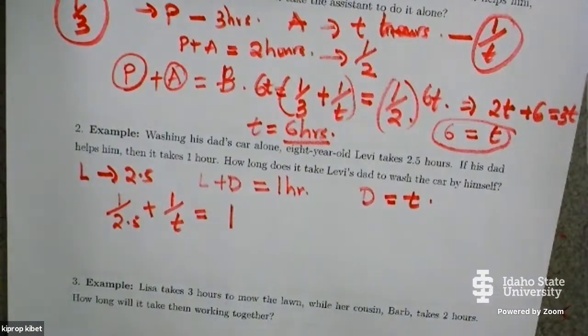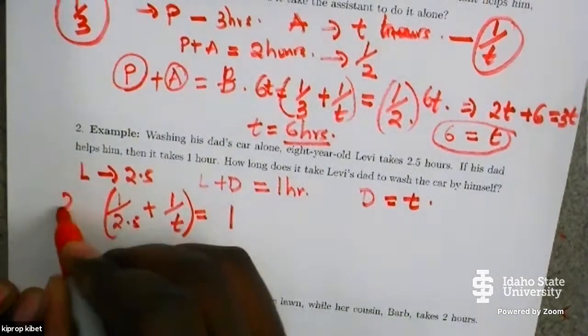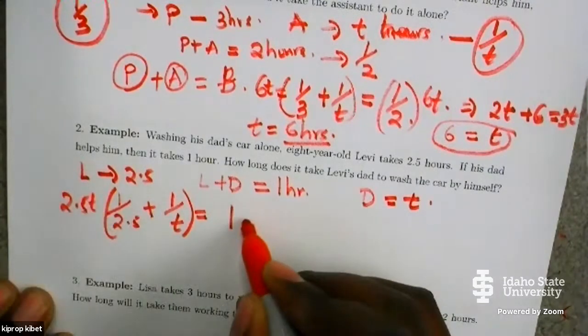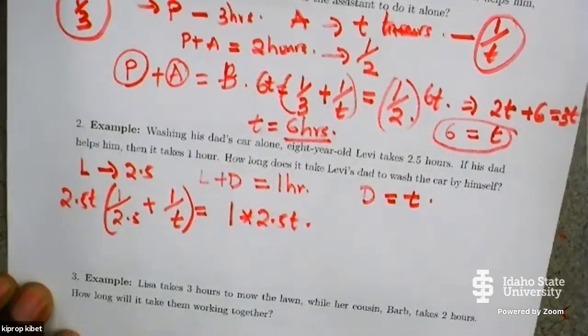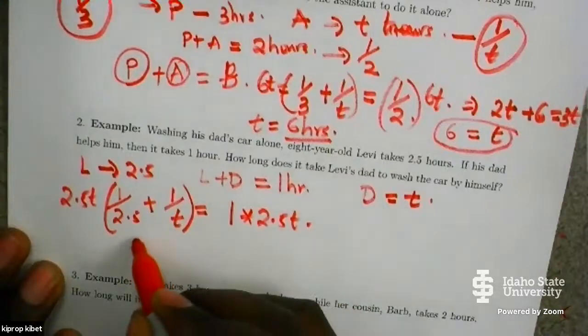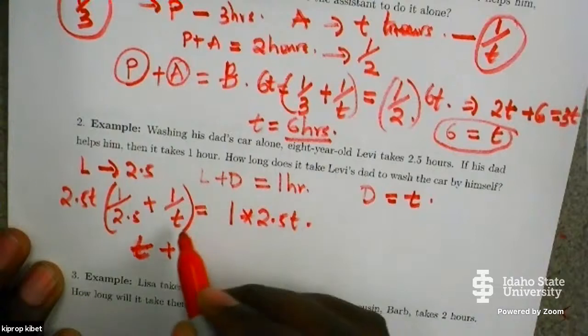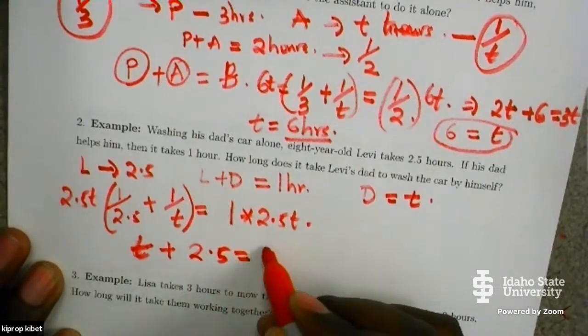So what is the LCD there? 2.5t, because you don't see another one there. So you multiply each term by 2.5t. When you open that bracket, you get t plus 2.5 equals 2.5t.